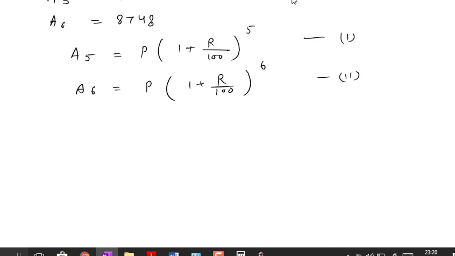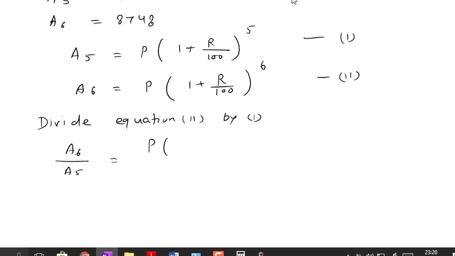So I will say divide equation 2 by 1. When I divide, I will get A6 in the numerator and A5 in the denominator, and here we have P into 1 plus R upon 100 the whole power 6 upon P into 1 plus R upon 100 the whole power 5.